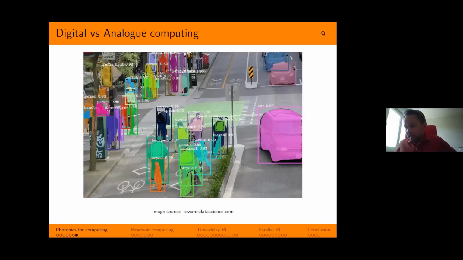Another argument against digital computing is that our modern digital computers are strictly accurate devices. Already in 1965, von Neumann discussed how to approximate high-precision digital computing with unreliable components, introducing redundancy and majority voting.